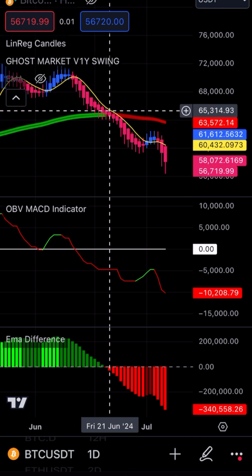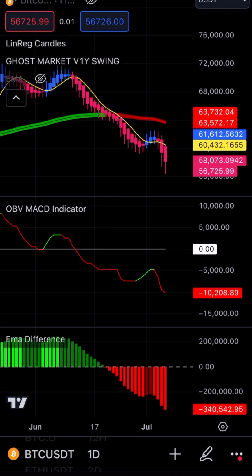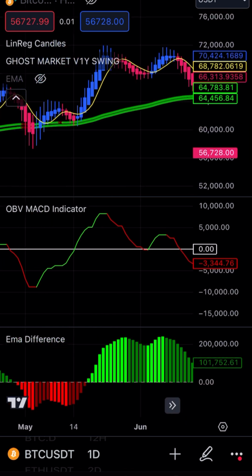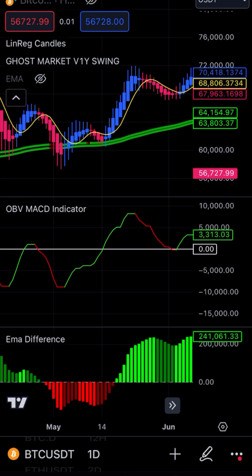So this is a trade right here. This is another moment to get in, and you see everything kind of matches. You see the EMA difference going below the zero line. You see the candles going below the linear line, and you see it crossing with the 9095. So you know this is a good trade coming.